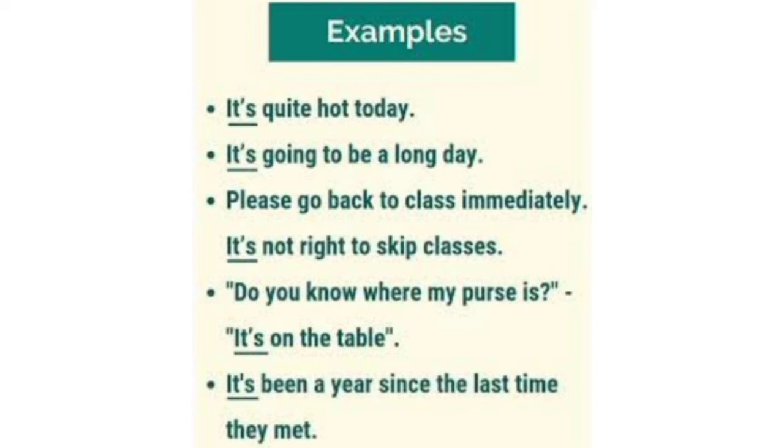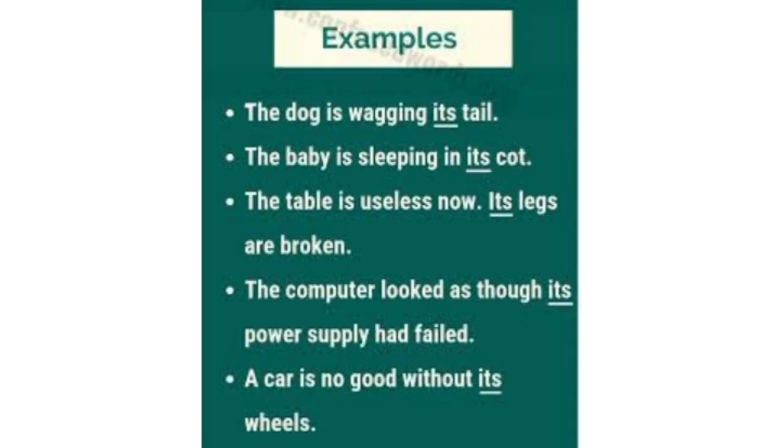It's not right to skip classes, which means it is not right to skip classes. Fourth, do you know where my purse is? It's on the table, which means it is on the table. Fifth, it's been a year since the last time they met, which means it has been a year since the last time.